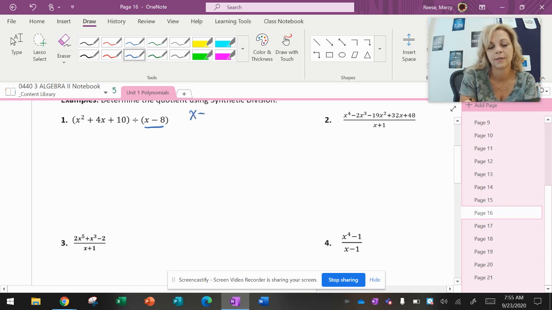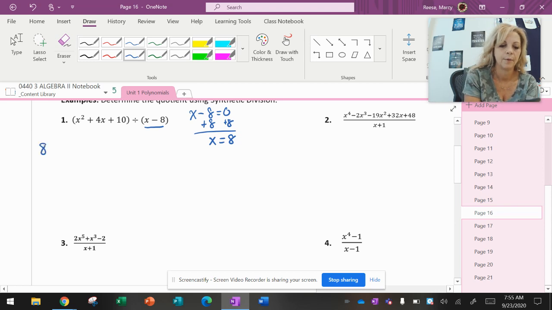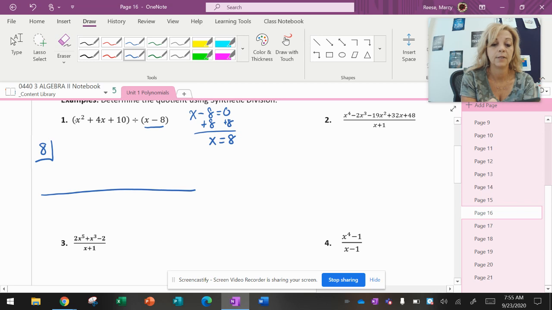Remember that x minus 8, if I were to set it equal to 0 and I solve, this is the root, okay? I'm going to put it on the shelf. Then I'm going to take the coefficients to that dividend. So I've got 1, a 4, and a 10. Okay?